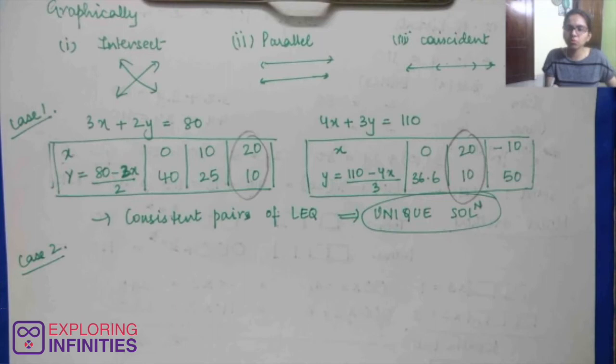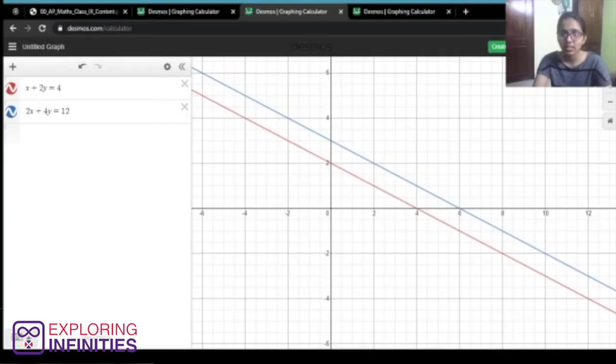You can see it's not intersecting anywhere, even if you move your graph. It's not intersecting each other anywhere. So this is the second case I talked about, the parallel lines. That is, they both are parallel to each other. The graphs of these two lines are parallel to each other.